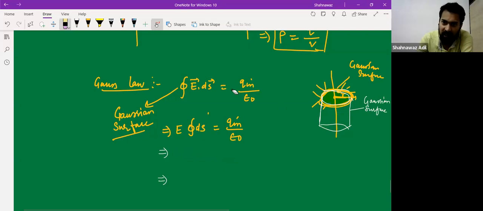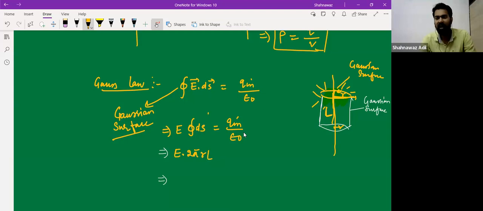This is r and this is the length L. This is the surface of the cylinder, so this would be E into 2 pi r L.